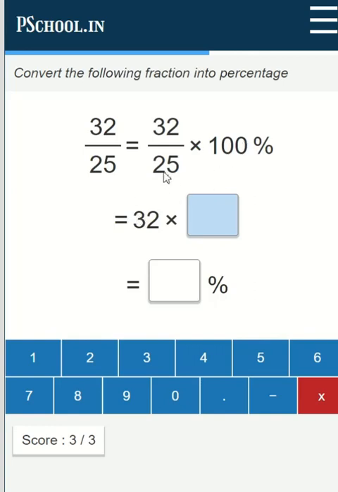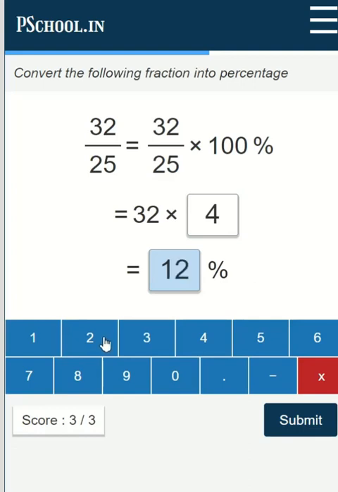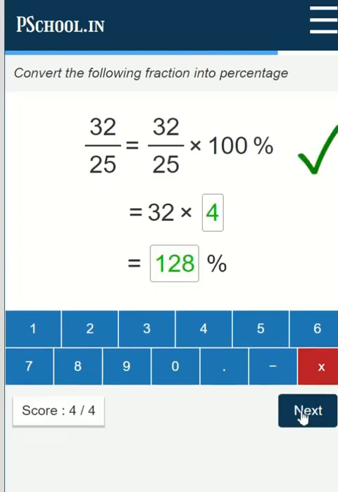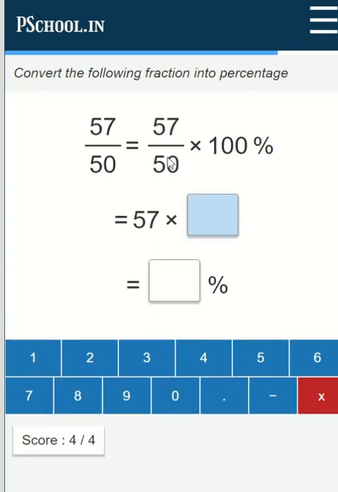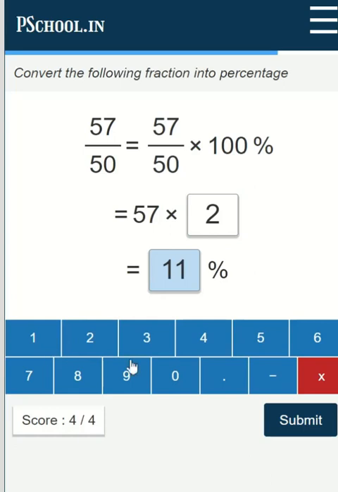We can divide 100 by 25, so we get 4. So this will become 128. We can divide 100 by 50, so we get 2. So 114.